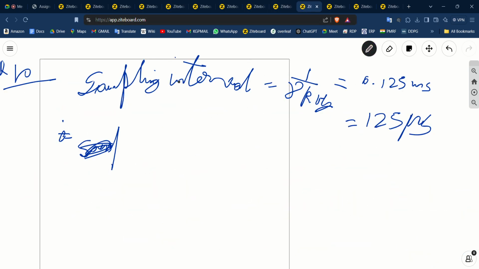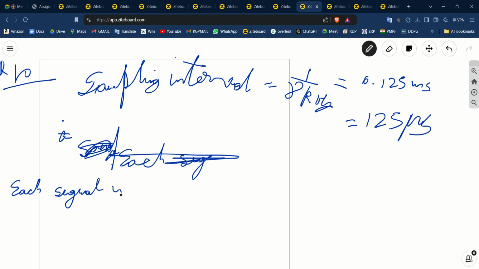So in this 125 microseconds we fit 25 signals. So each signal is given 125 by 25, which is equal to 5 microsecond duration.